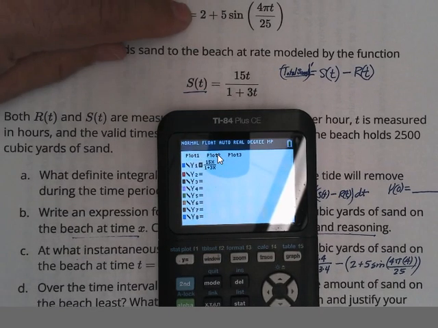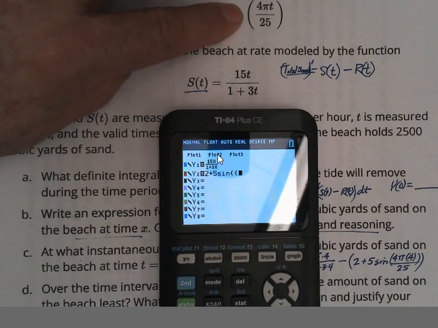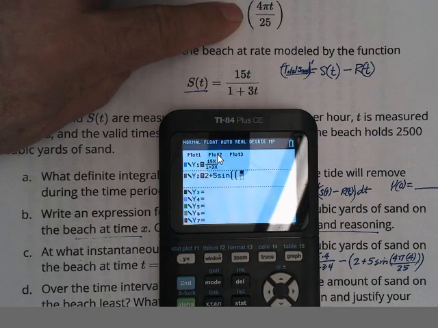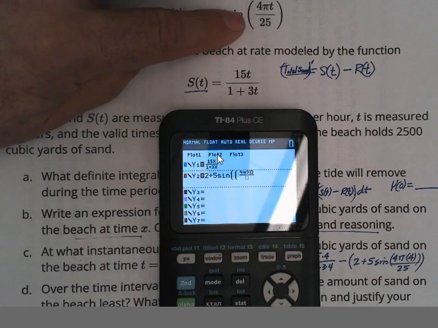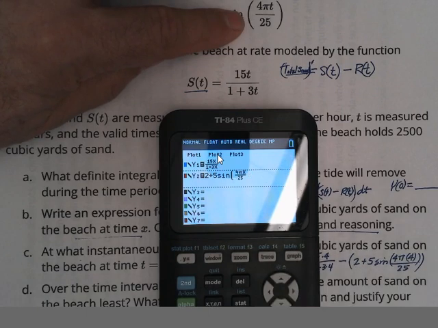In the second one, I'm going to put 2 plus 5 sine, alpha second, make it a fraction of 4 alpha pi x divided by 25, close parenthesis. Oops, not there. Delete. And I actually put an extra parenthesis in here. Sine already comes with that, so take that out. And one at the end.